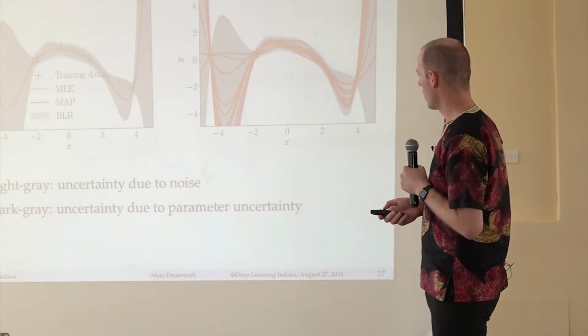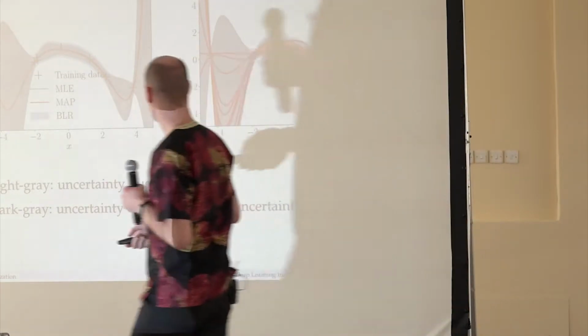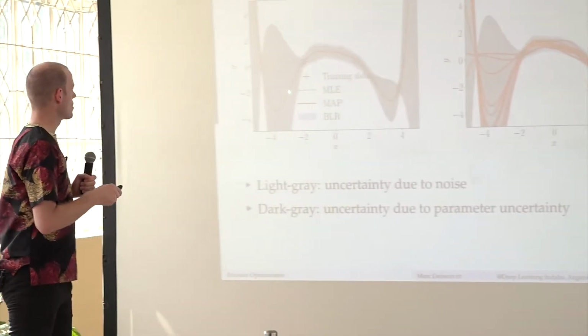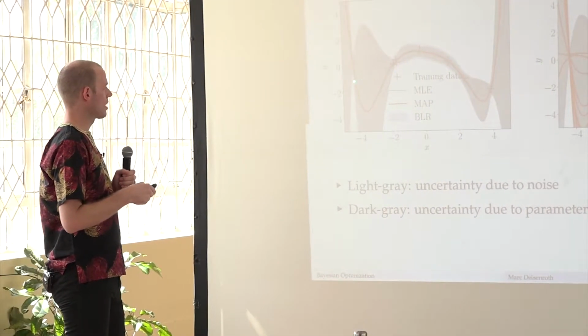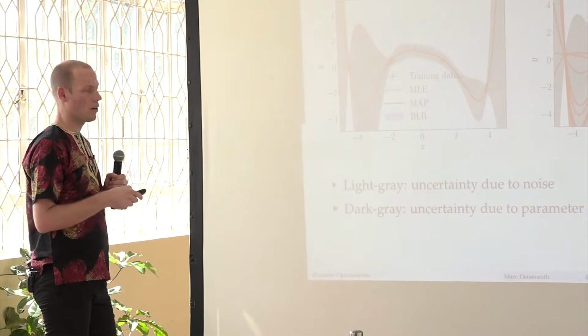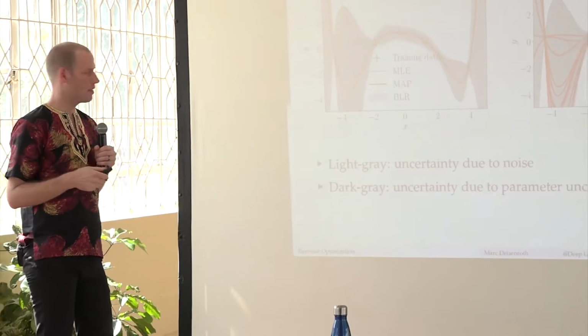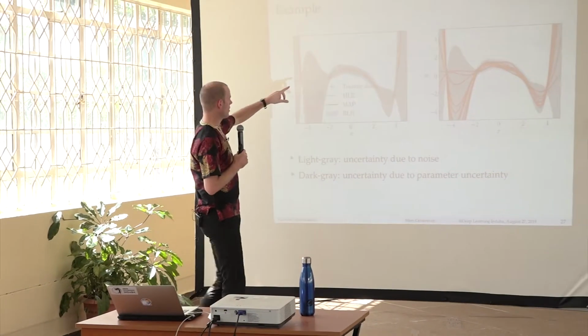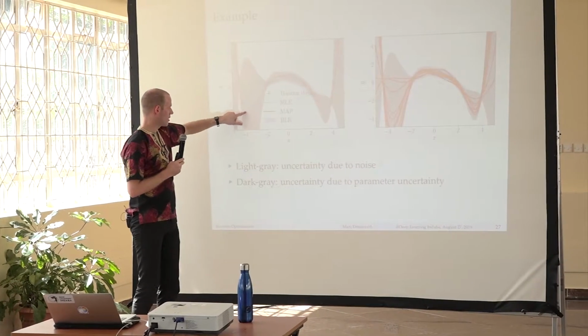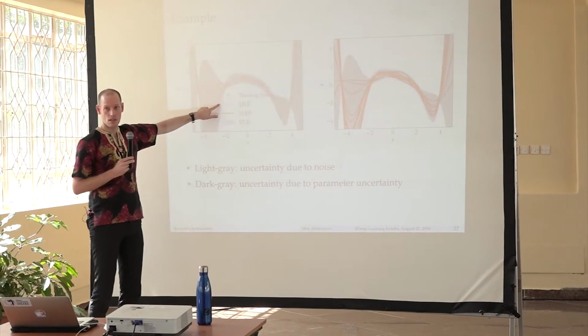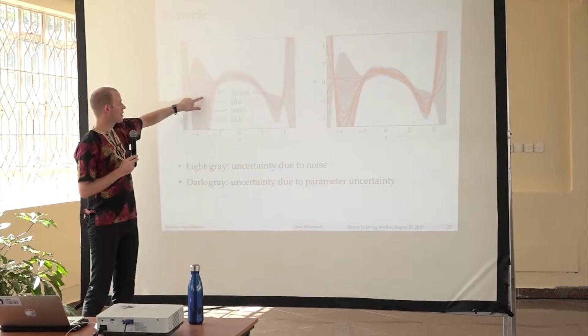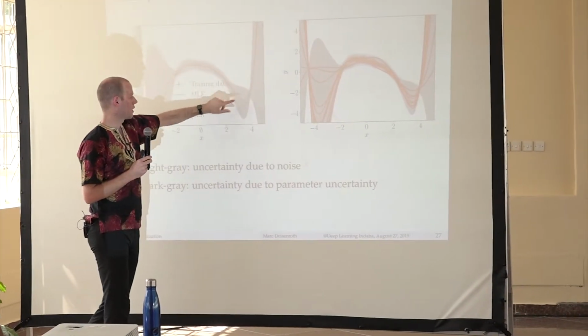So here's an example where I used one of the higher order polynomials that we had earlier. Sorry, it's a bit difficult to see. I'm showing the MAP estimate in the orange curve, the maximum likelihood in the gray curve.